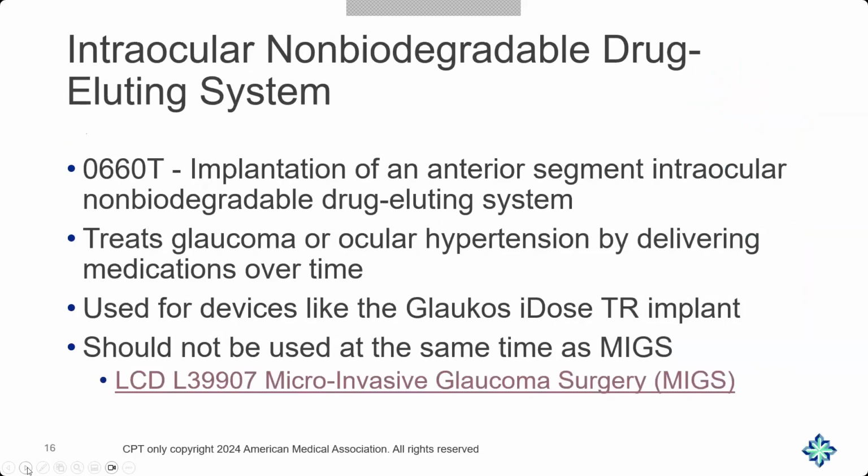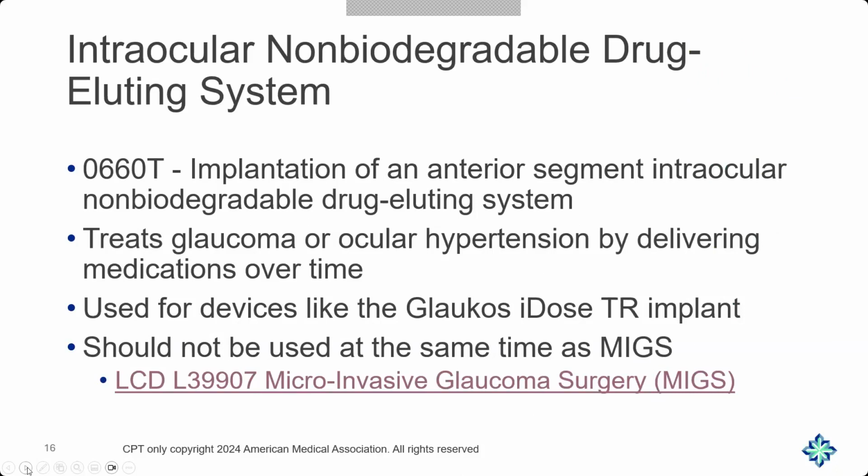All right, so the next code that we're seeing issues with under category 3 is intraocular non-biodegradable drug-eluting systems. So that's a mouthful. In these, we're finding we're paying about half, and half of them we're just not paying.